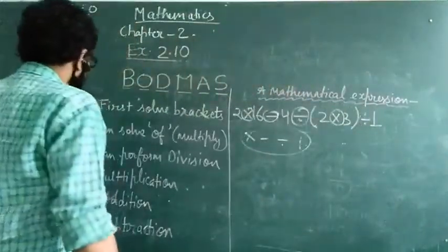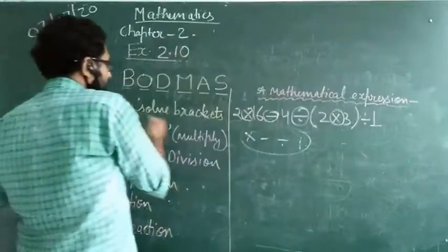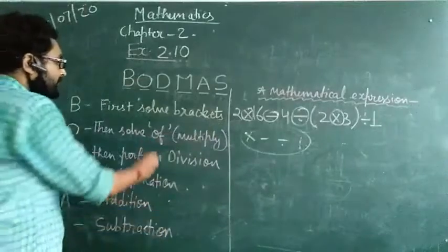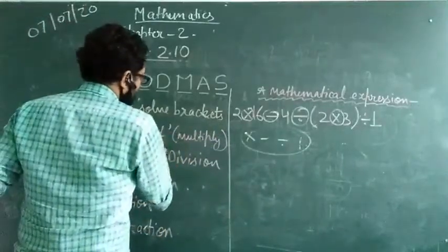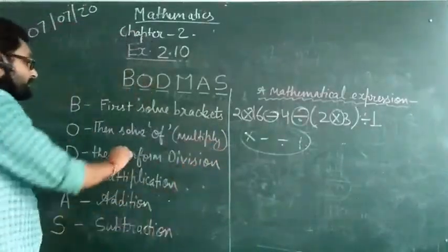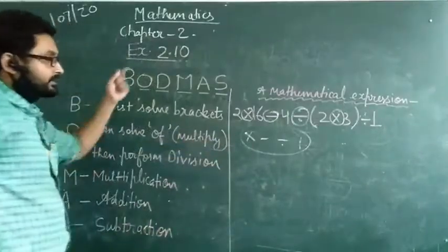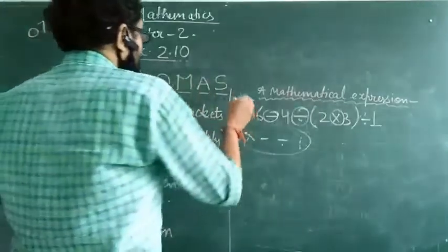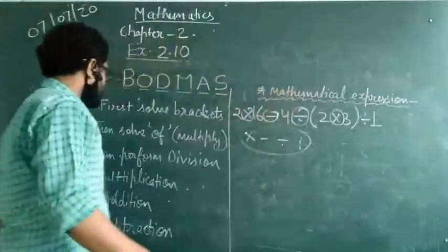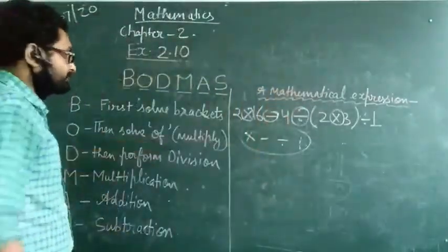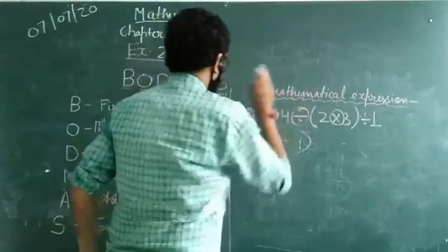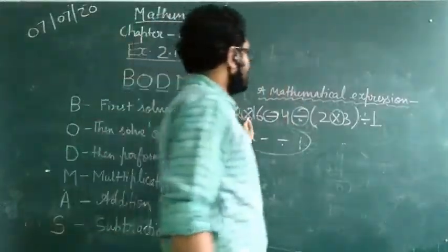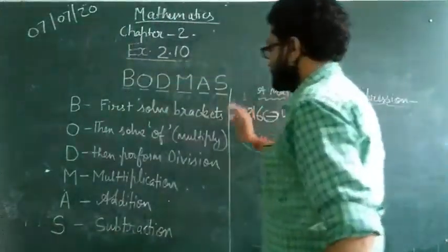Then we solve the of, where of means multiply. Then we perform division wherever there is a division sign, and then multiplication wherever there is a multiplication sign.